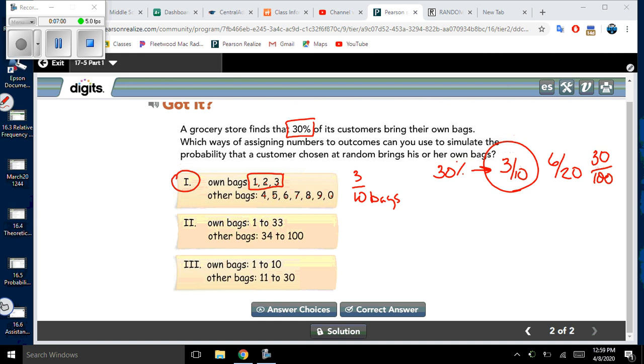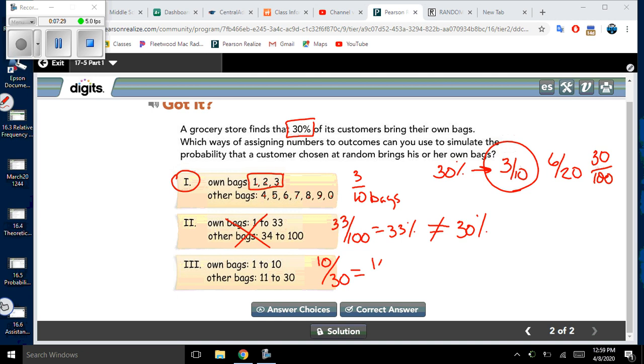These other ones are not going to work. If you take a look at this one right here, number 2, we're really in essence at 33 over 100, all right, which is 33%. 33% is not equal to 30%, okay? So we cannot use number 2. On this one, we have 10 bags in the first one, and we have 30 total bags.